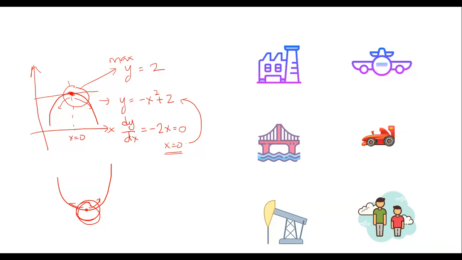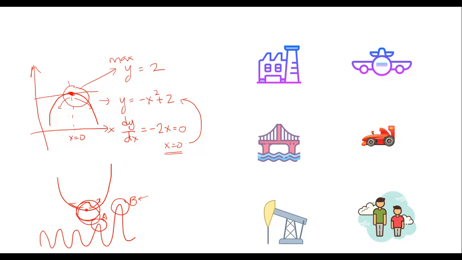Why do I really emphasize the neighborhood points? Let's say you have this particular graph. It's a little bit weird, but that's fine. Just focus on point A and point B. See what happened? Point A is a maximum value. Point B is also a maximum value. But if I want to find the maximum value for my function, I will pick B. But is A a maximum point?